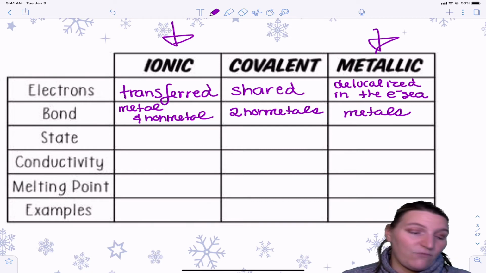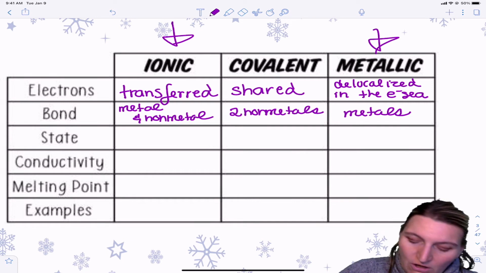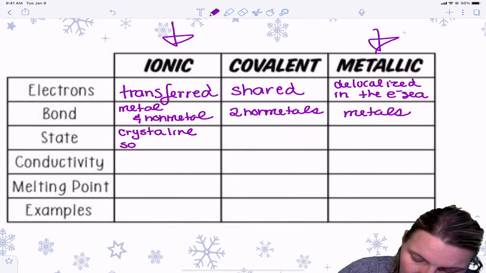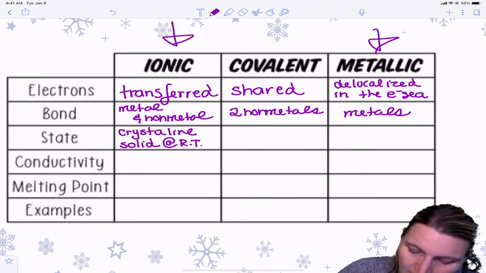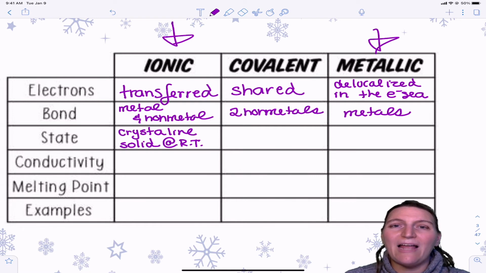What is the state of matter? So what is an ionic compound? Well, that would be what we would call a crystalline solid. Those ionic compounds are all solids at room temperature, and crystalline just means that the ions are arranged in a geometric repeating pattern. They're not randomly organized.